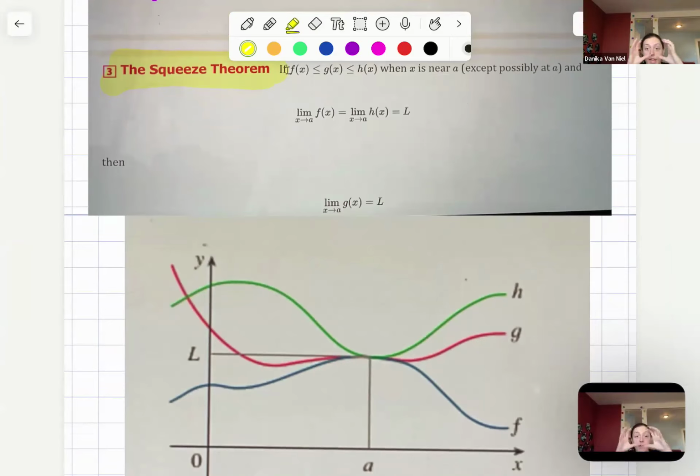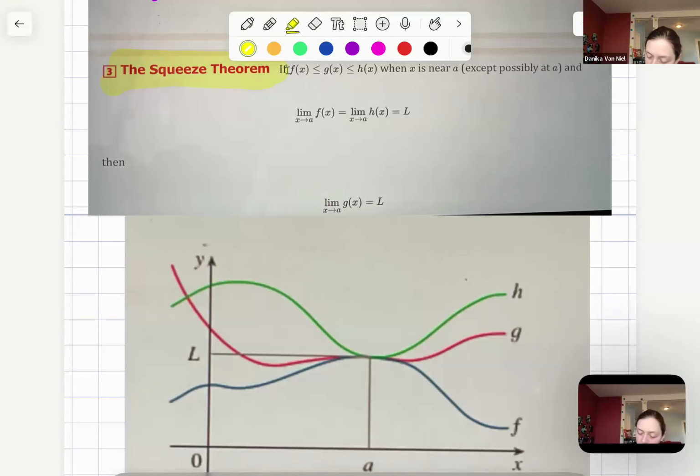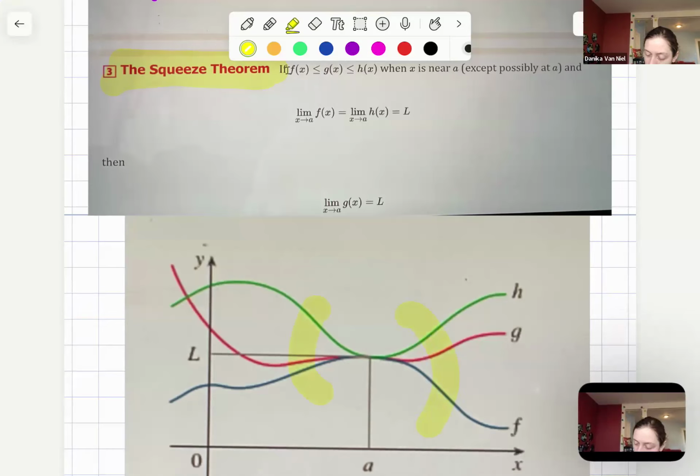Around A, except maybe not at A, because maybe there was a weird jump discontinuity or something, H is always greater than or equal to G, which is greater than or equal to F. I just can't go past that crossing line, but that's pretty far away from A, so I could just look at this area.